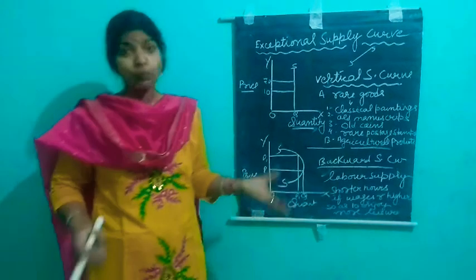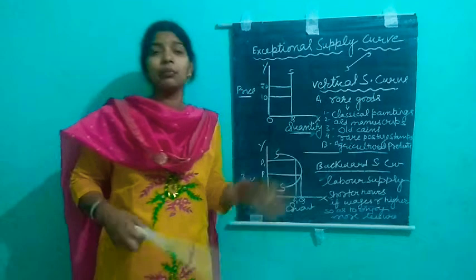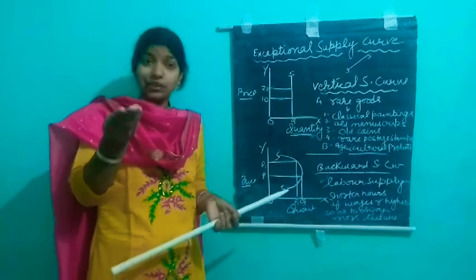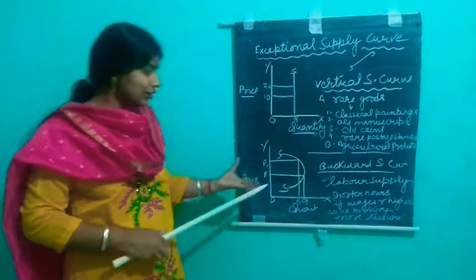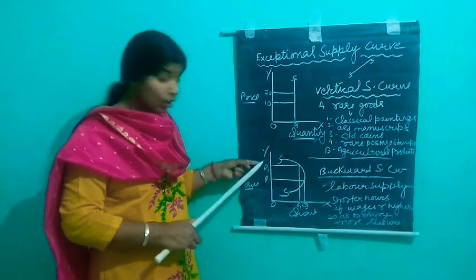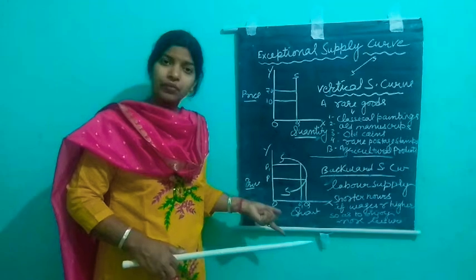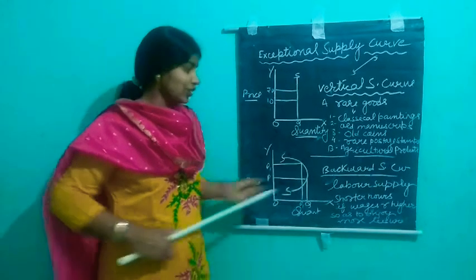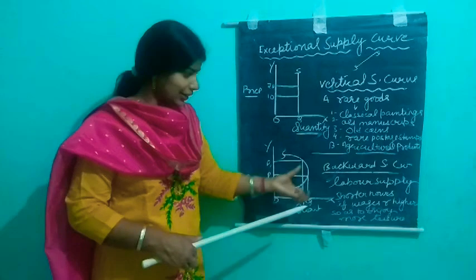In the law of supply we have done that, other things remaining the same, if price rises, quantity supplied will also rise. But what we are seeing here is that if price is rising, quantity supplied is falling. This is also an exception because it is not upward. That's why it is also an exceptional case.